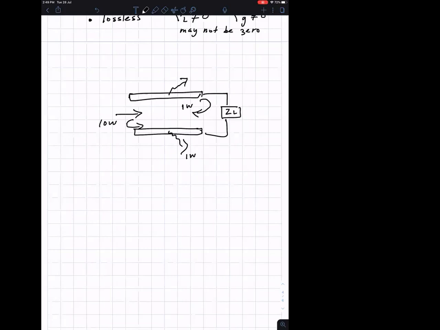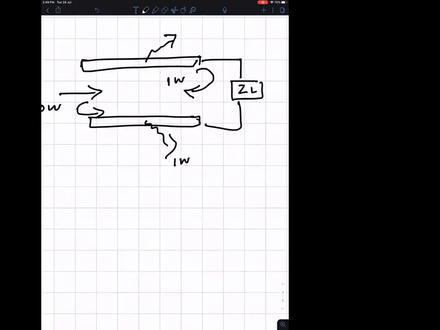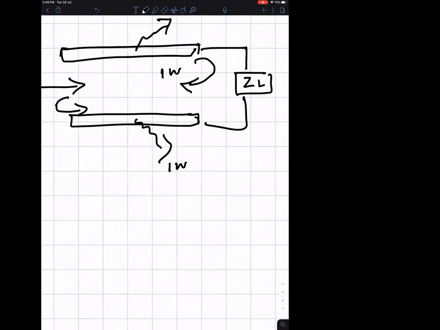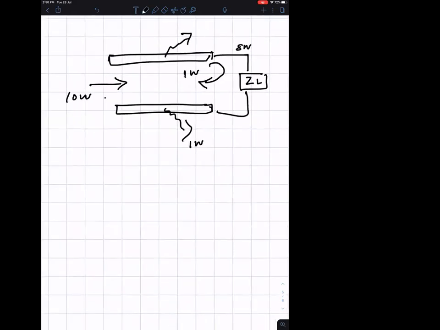In this case, I'm just giving you a gross example. So you have a reflection of 1 watt, for example, and you have dissipation of 1 watt. So how many watts are going to reach the load? For example, 8 watts, right? 10 minus 2. That's a very crude example.